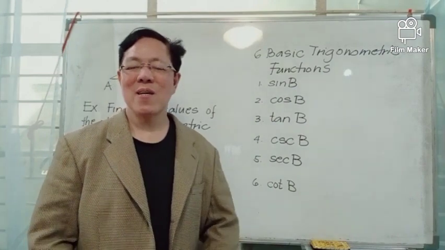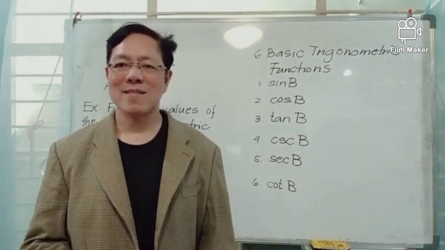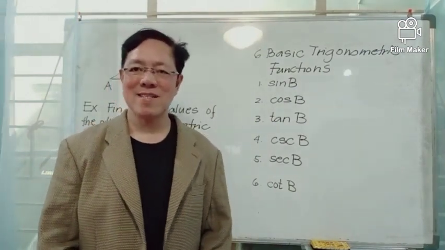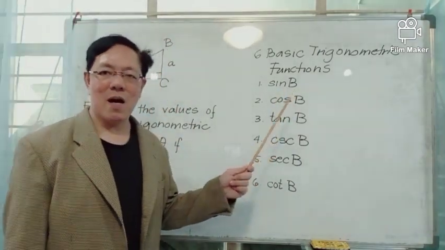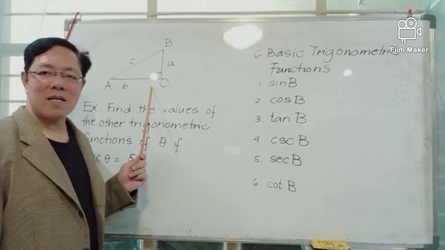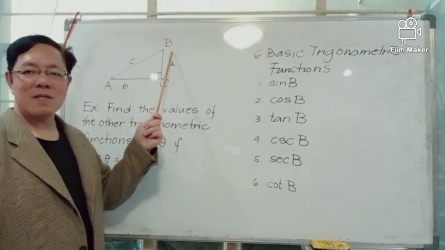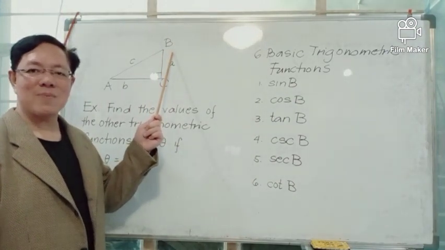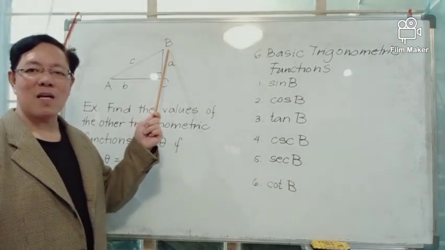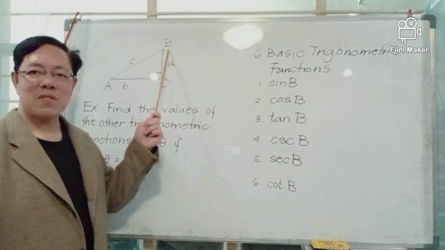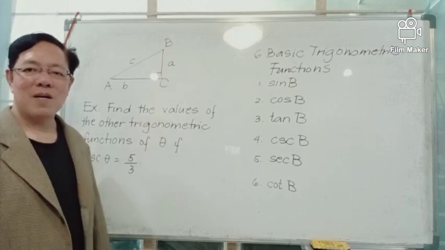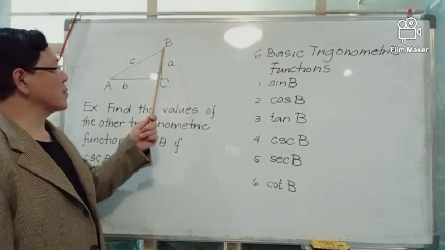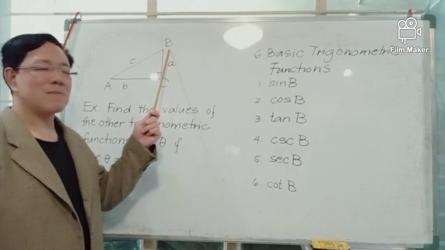We now write the values of the 6 trigonometric functions of the acute angle B using our right triangle. If we want the 6 basic trigonometric functions of angle B, you have to first identify the 3 sides of the right triangle with reference to the acute angle B.